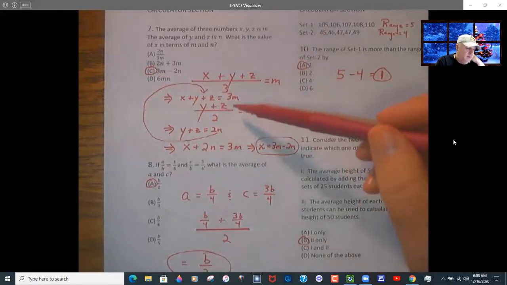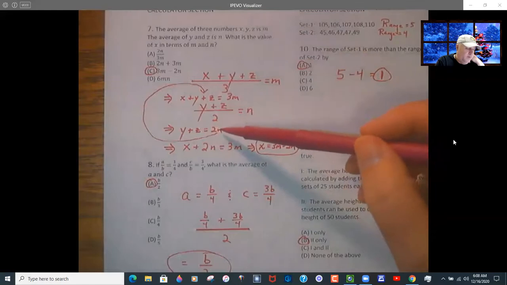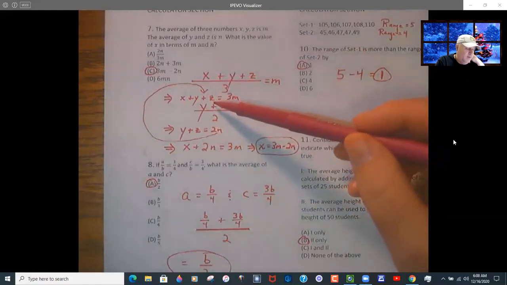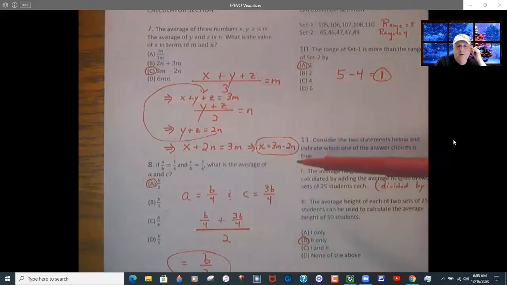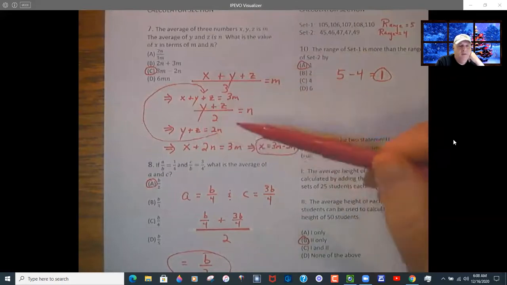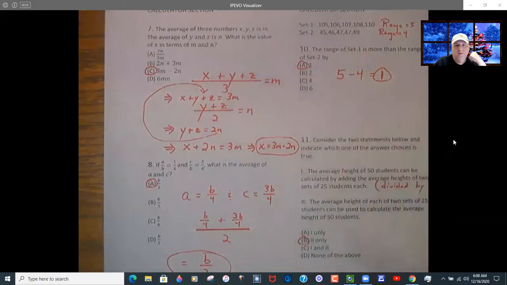Just take, y plus z is 2n, so you put that in for y plus z. So x plus 2n equals 3m, then solve it. You can play the numbers game, but that's pretty hard to do. But I like this because this is what the SAT just really loves to do.